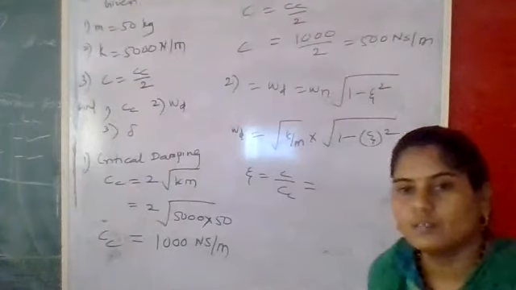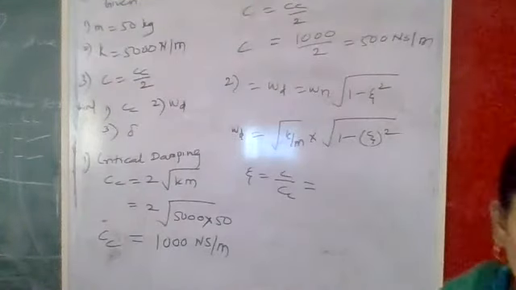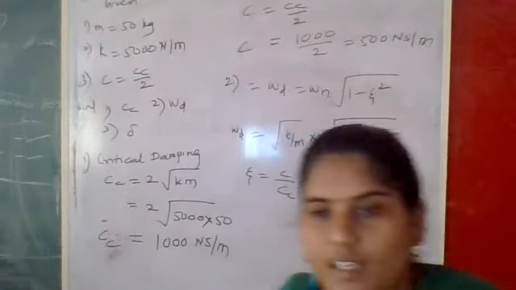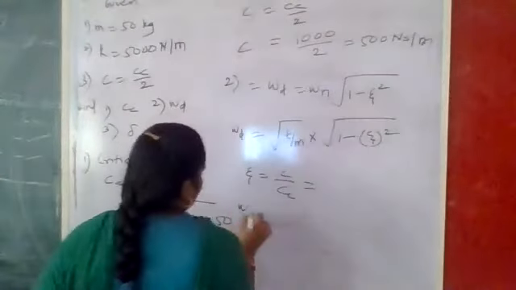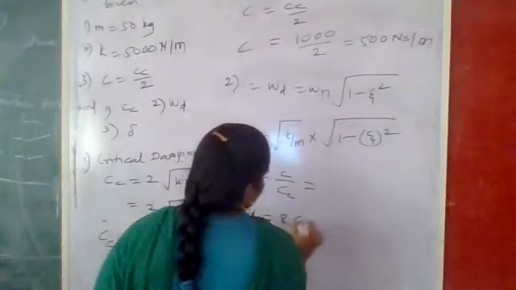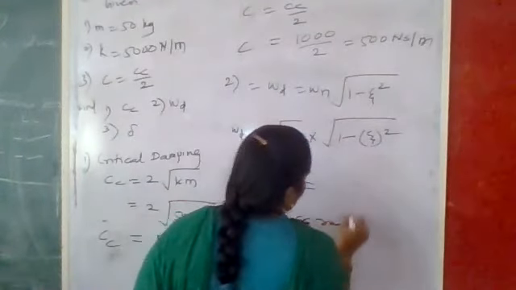Tell me fast. 8.66 radian per second, that is omega d, right? Omega d is equal to 8.66 radian per second.